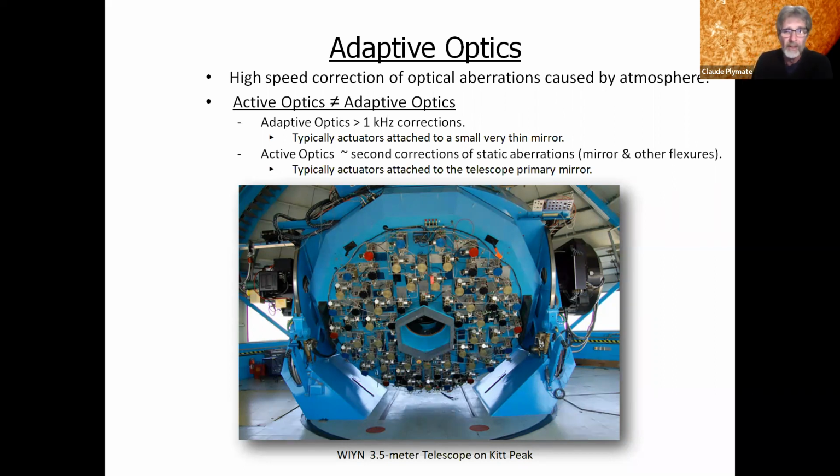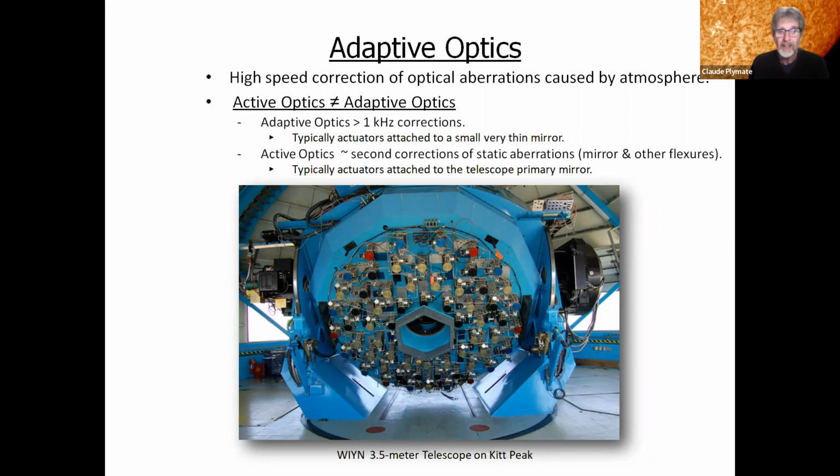up with the atmosphere. Active optics, on the other hand, is conceptually very similar, but is meant to correct for very slow aberrations induced into the telescope due to its own flexures as it slowly moves across the sky. So corrections can be far slower, something in the order of seconds as opposed to milliseconds.